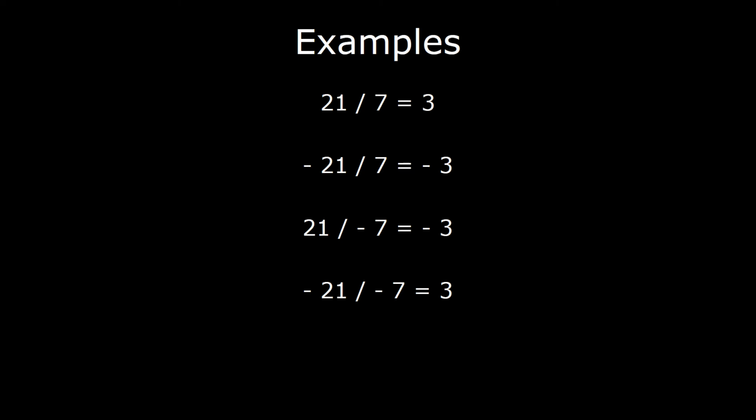Example 1. 21 upon 7. Now, if you know your division properly, then the simple answer to this is just 3. But let us try to use our newfound understanding of the concept of division and arrive at the answer through that route. 7 multiplied by something must give us 21, and that something is the answer, the quotient, the result that we are looking for.